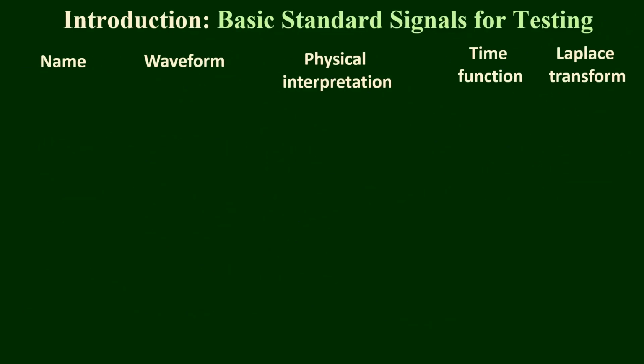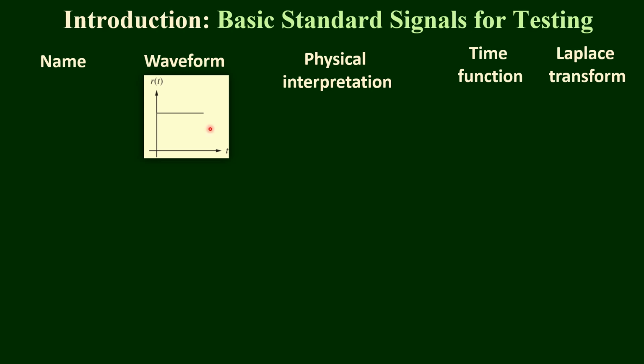Here I will briefly discuss the basic standard signals for testing control system loops. The first of them you have studied before and should know. What is this waveform? It is 0 before time 0, but just at 0 plus it goes from 0 to some value. If it goes to any value, we say it is a step input or step signal.